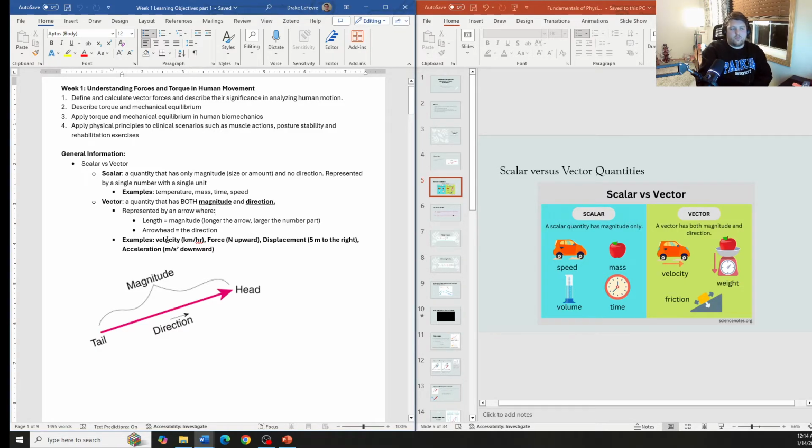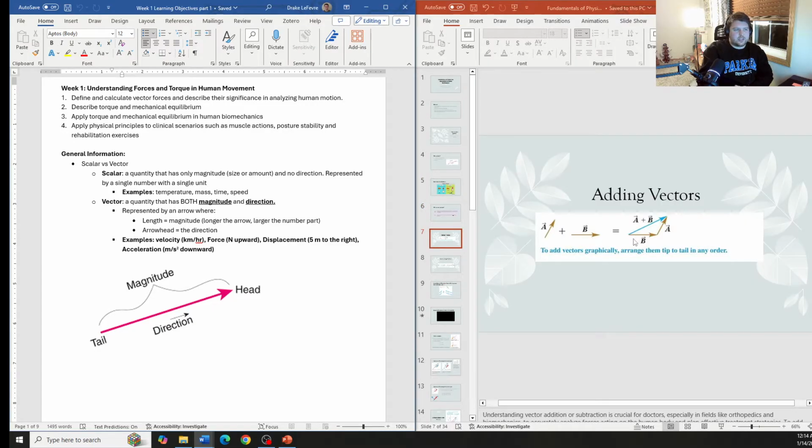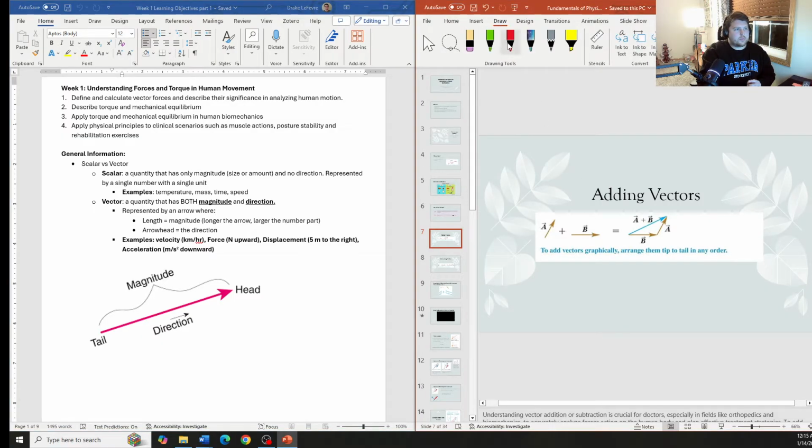And we represent that with these little arrows. The length of the arrow, how long the arrow is, refers to the magnitude. So if we break this down a little bit, this would be 1. Double it, that's 2.